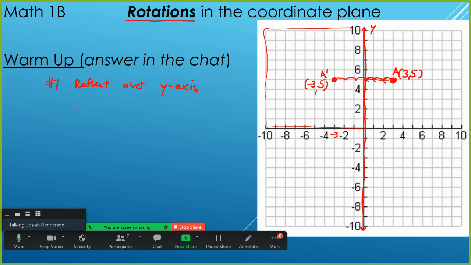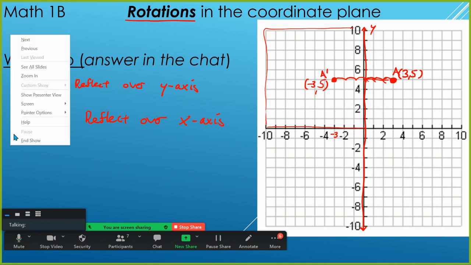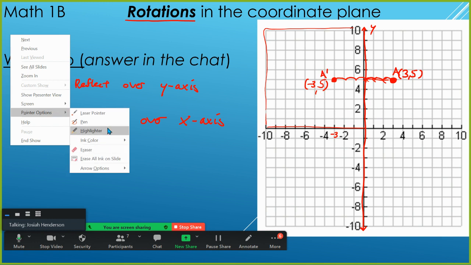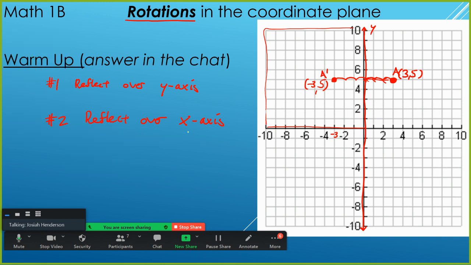Let's try one more. Let's try number 2. Let's reflect over the x-axis. I'll change my color to yellow. So if I reflect this over the x-axis, we can count how many squares down to the x-axis is it? 1, 2, 3, 4, 5. So I've got to go 5 further away from the line of reflection. 1, 2, 3, 4, 5.